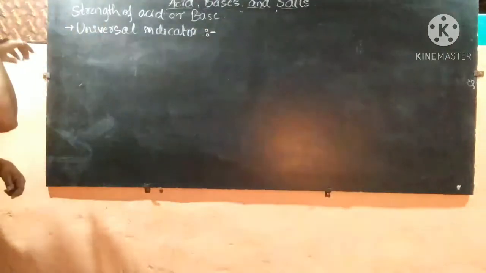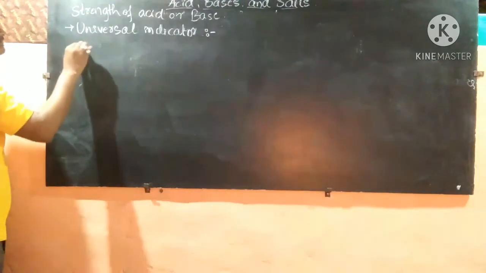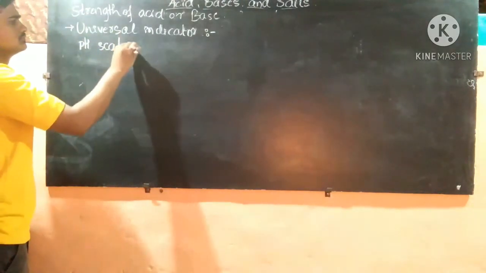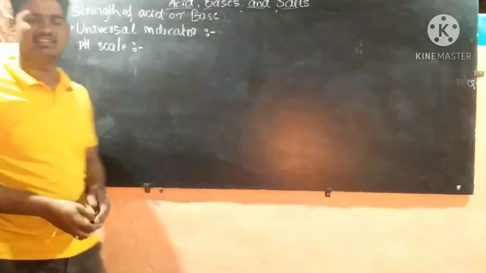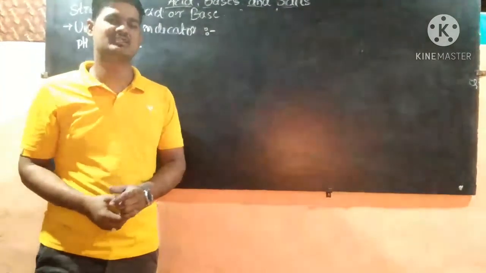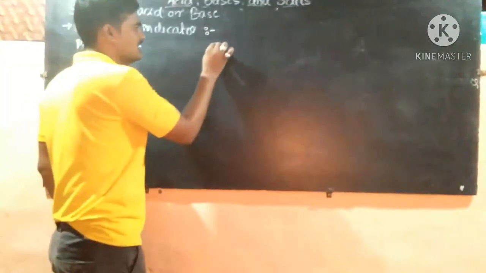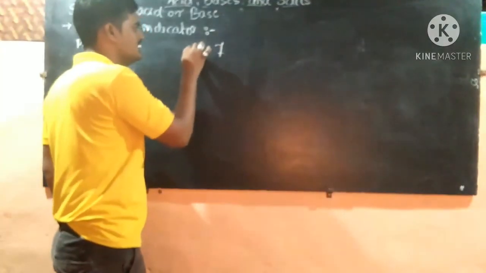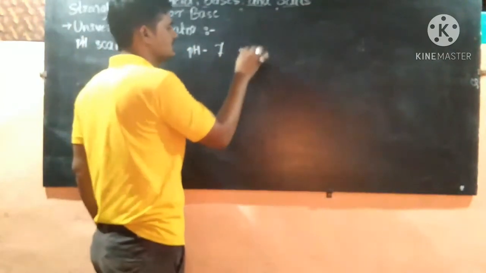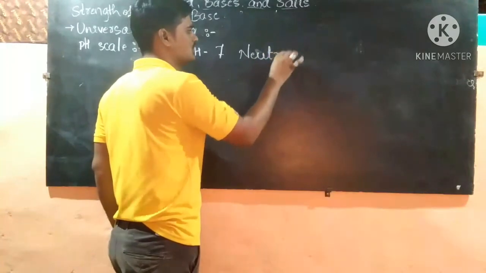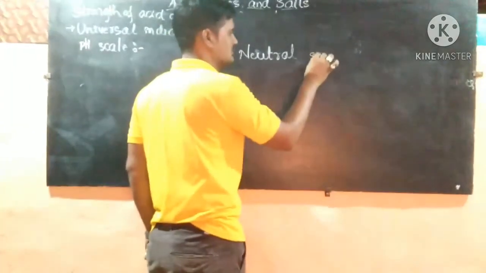and one more is there, that is pH scale. pH scale is a scale to measure the strength of the acid or base. On the pH scale, pH 7 indicates the neutral property of a solution.